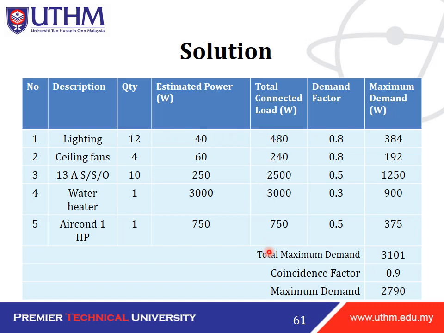And then the demand factor depends on our usage and lifestyle, so we choose our assumption. And finally we can get the maximum demand by using total connected load times the demand factor. And then from that we calculate the total maximum demand, and then we know the coincident factor from ESA, and we can calculate also the maximum demand.